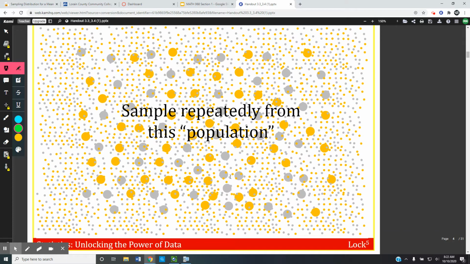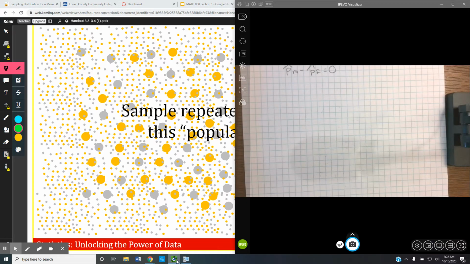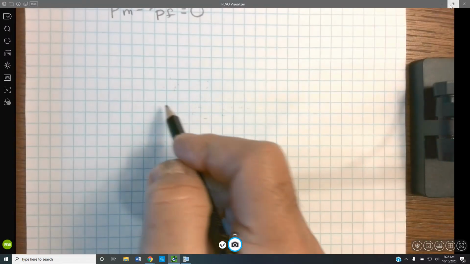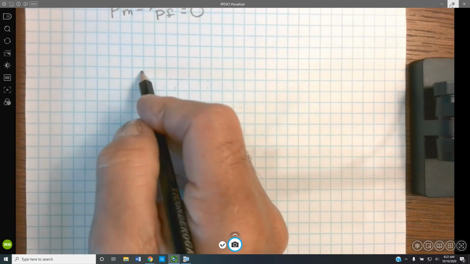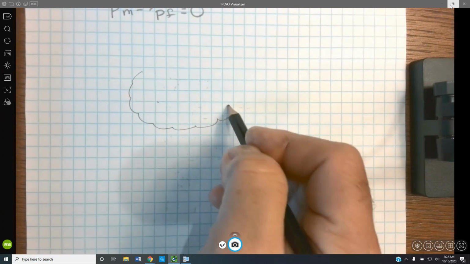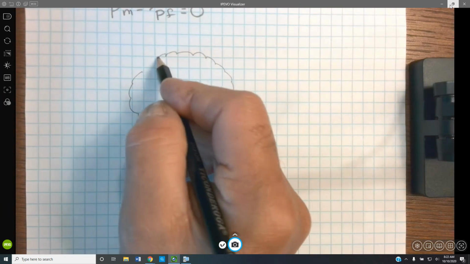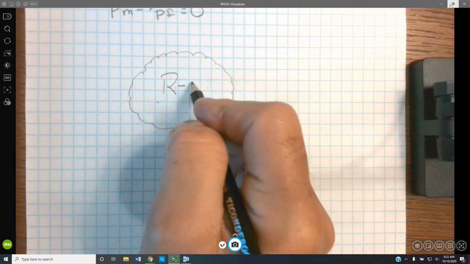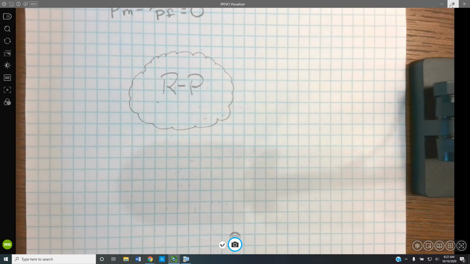So imagine this. I'm going to switch over here and draw it a little bit. Let's assume that we pull from this population. Here's the population of all the Reese's Pieces. This is all the Reese's Pieces known to man in existence currently right now.